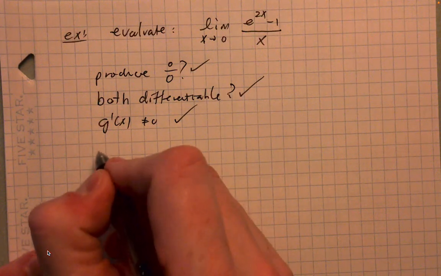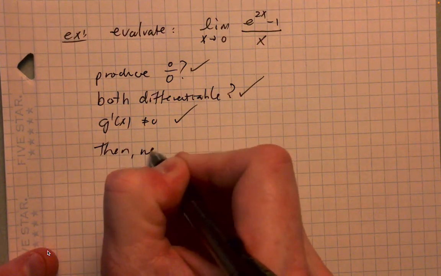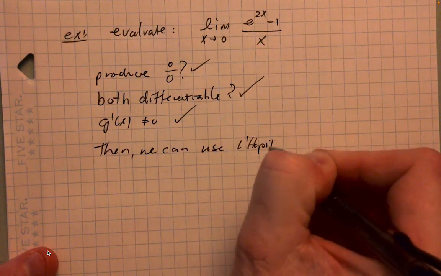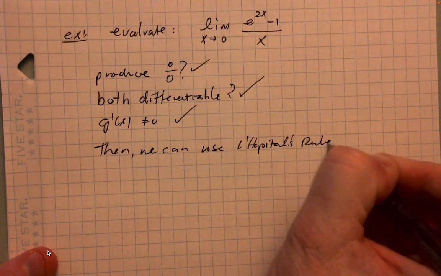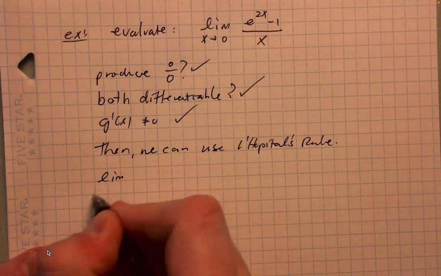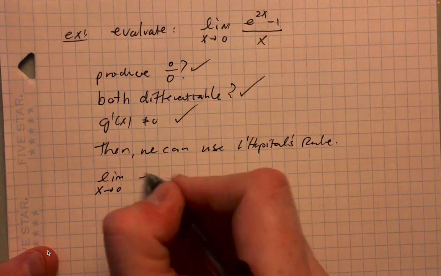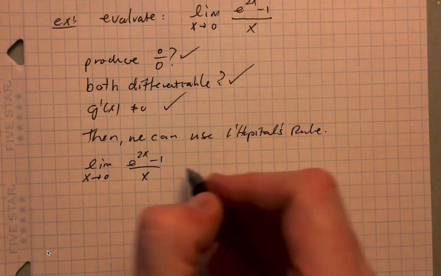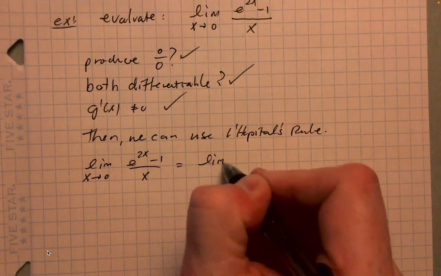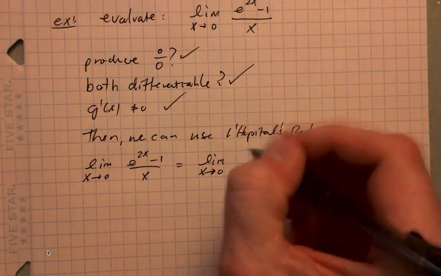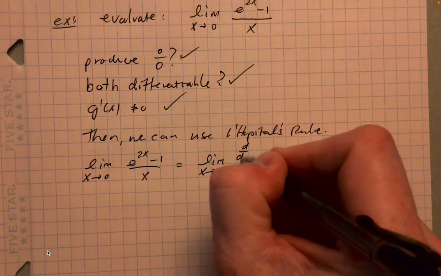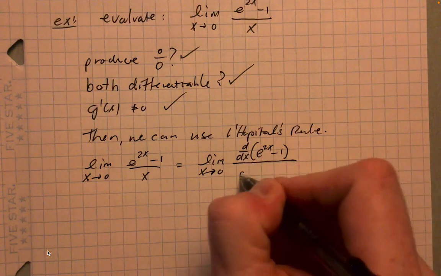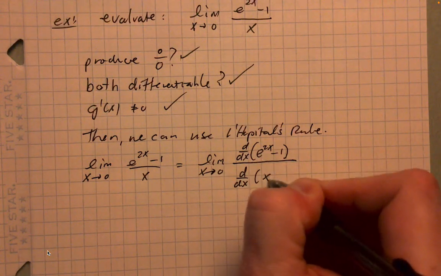So that means basically that the limit as x approaches 0 of e to the 2x minus 1 over x is going to be equal to the limit as x approaches 0 of ddx of e to the 2x minus 1 divided by ddx of x, right?